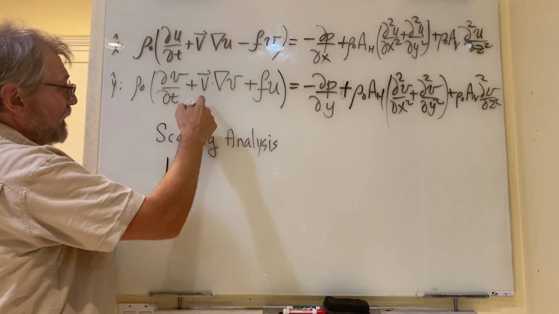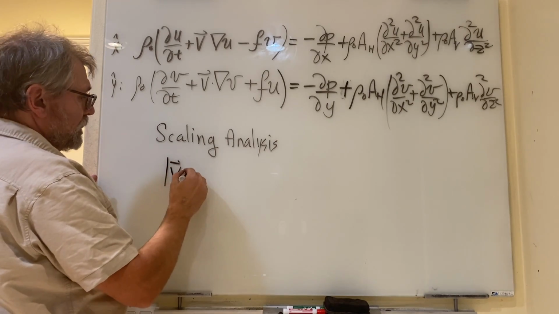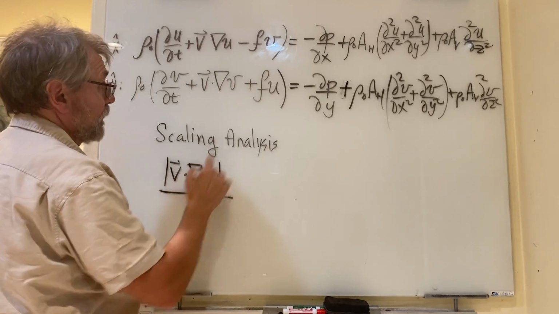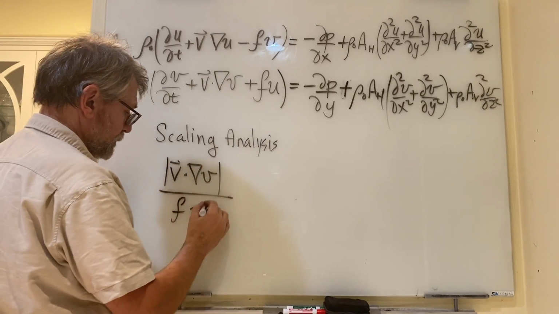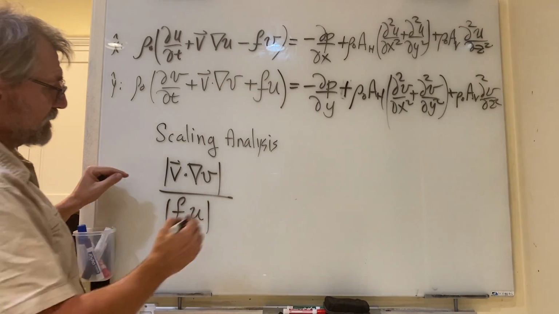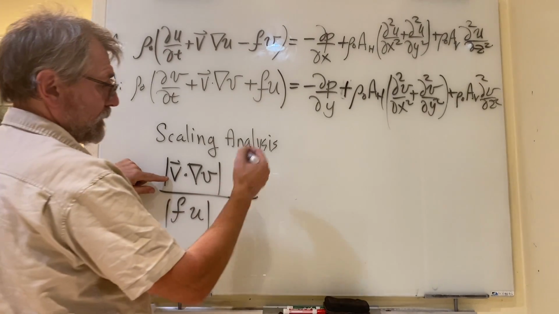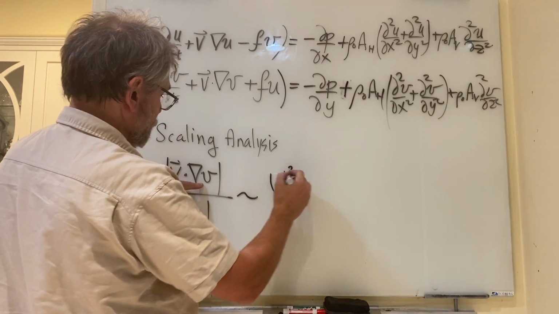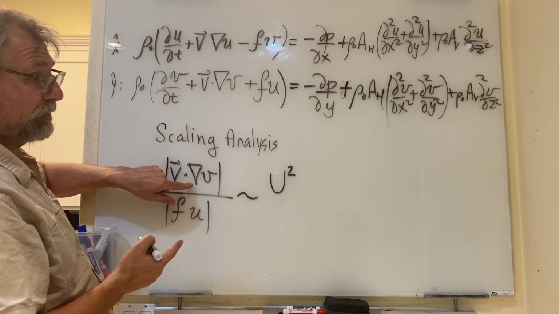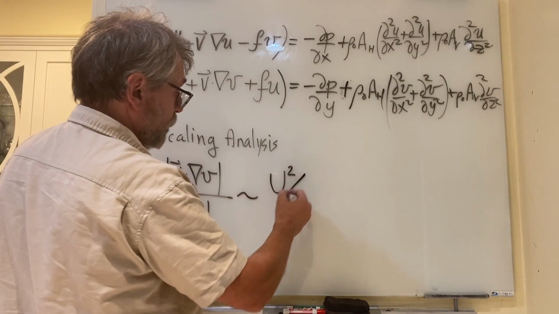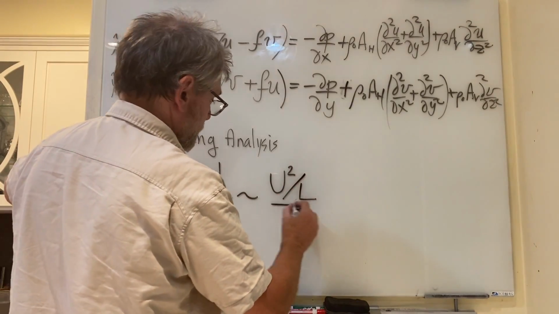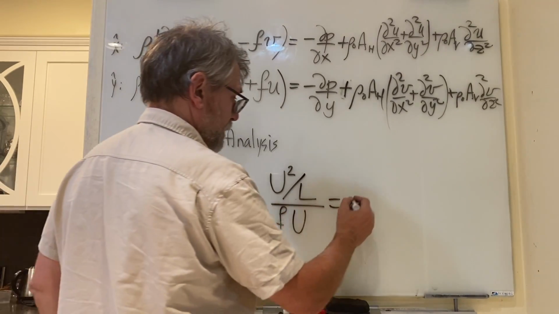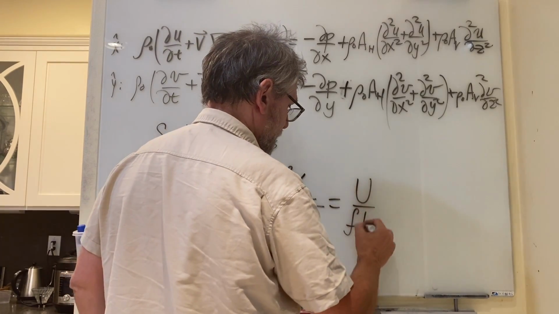So if I take the advective term, v dot grad v, over this term, f u, and I plug in the scales, well, the velocity scale is going to be like u, and v also scales as u. The gradient is like a derivative in space, so that'll go like 1 over the length, L, divided by f times u, or u over f times L.